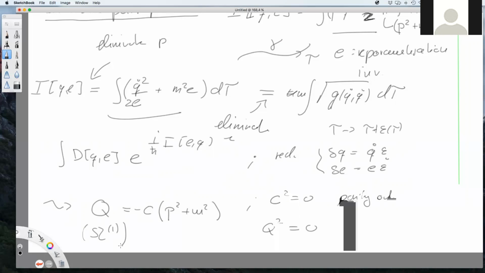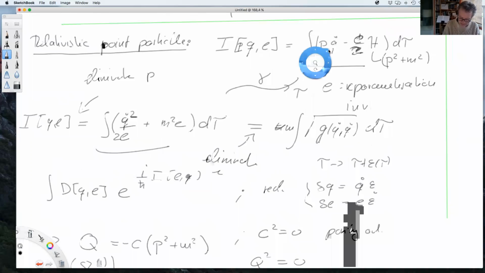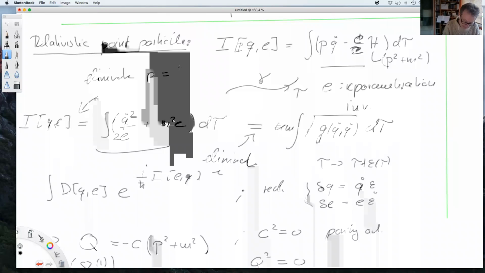There was a question, I think. What is P in this? Oh, P, sorry, I didn't define it. P is just the momentum conjugate to Q here for this point particle. So I eliminate P by P is delta L by delta Q dot.